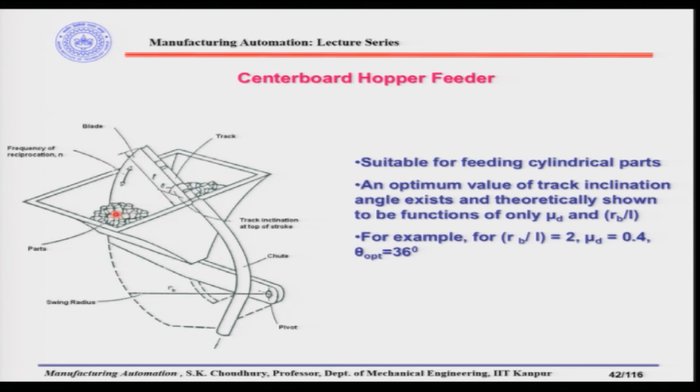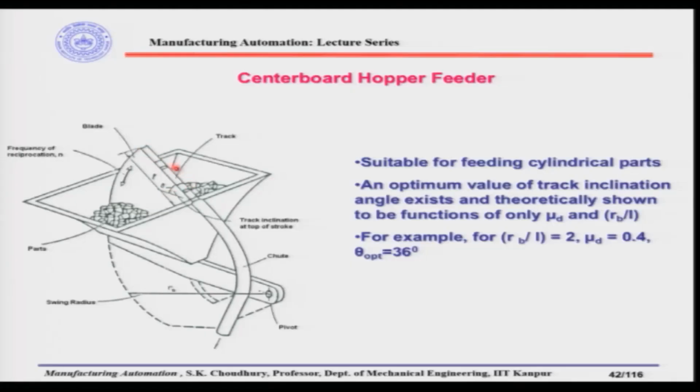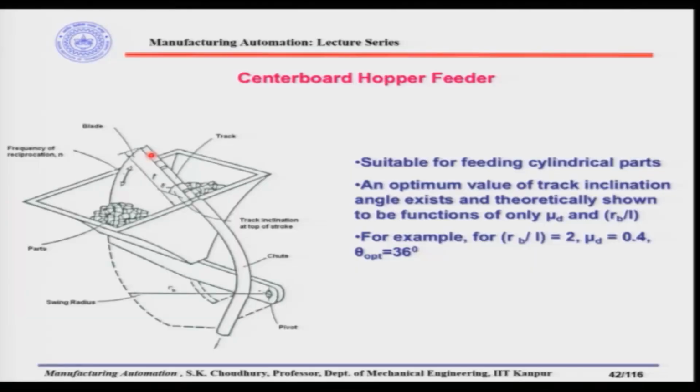These are also for small engineering parts, as in the case of the reciprocating tube hopper feeder or the vibratory bowl feeder. Through the mass of the parts there is a blade which reciprocates; it goes up and comes down, going through the mass of the parts. There is a cutout for this blade to reciprocate, and the mass of the parts will be within the feeder.